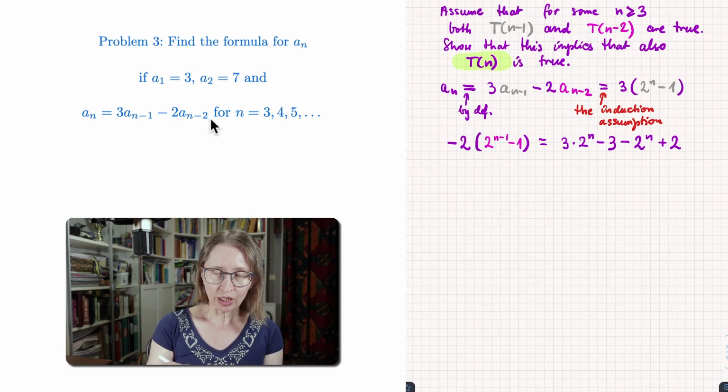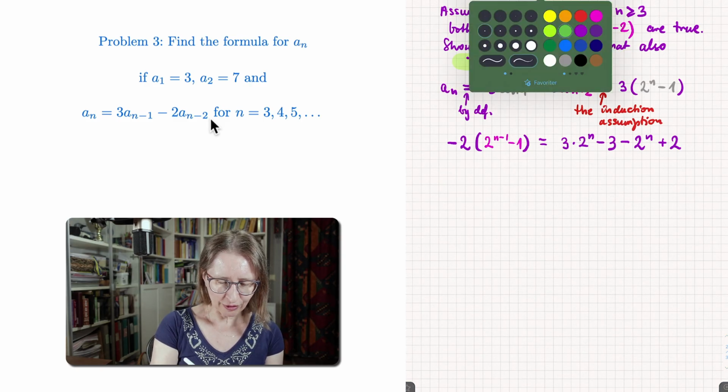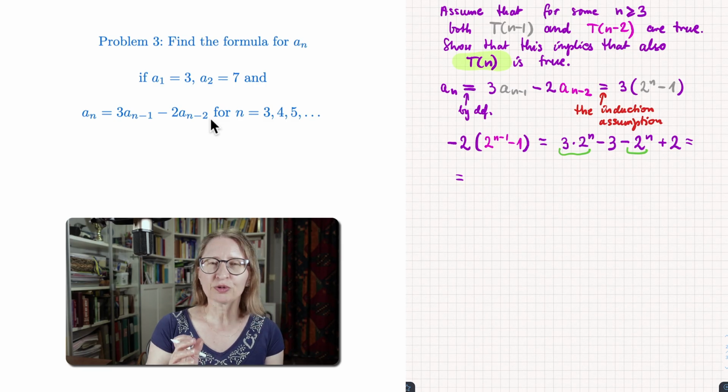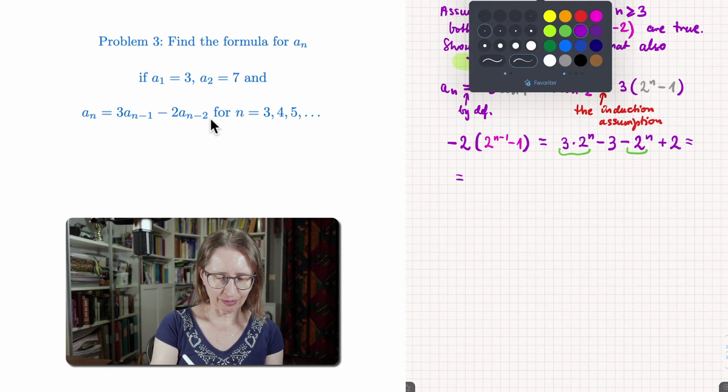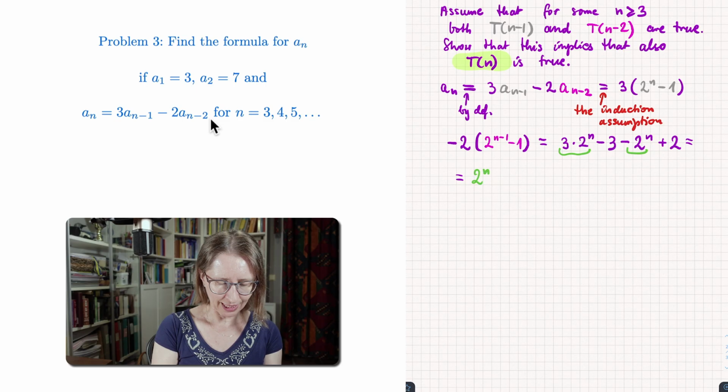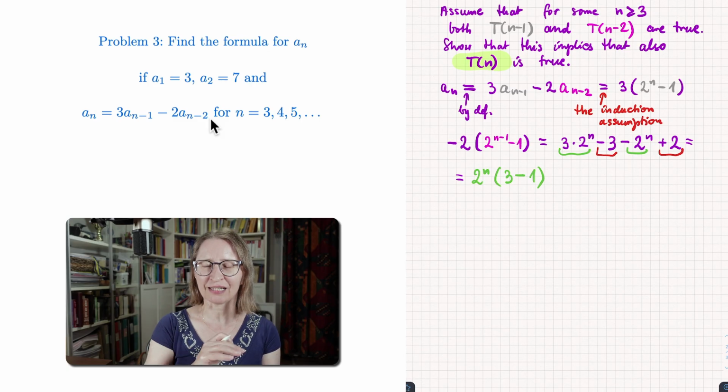And now you see we are almost done, because if we group together these two here, you see that these two terms which I have marked in green have a common factor, which is 2 to the power n, and in the parentheses we will have 3 from the first term and minus 1 from the second one. And then these two other terms put together give us 2 minus 3, it is minus 1.